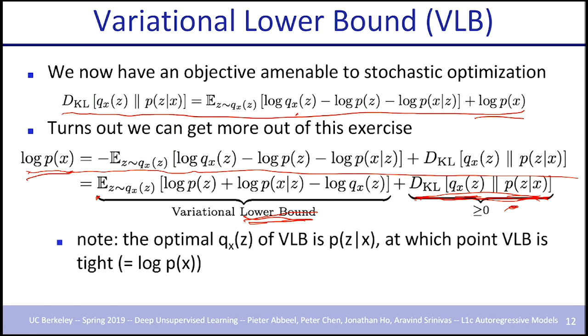Yes? Can you explain again how we know how tight it is? Because we can't really evaluate. So that was not very precise. In practice, we don't really know how tight it is. But we know the gap is exactly how bad our approximate posterior is.